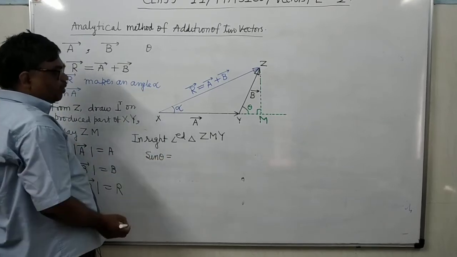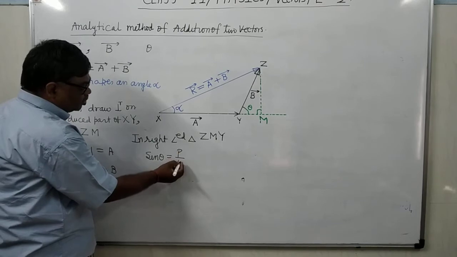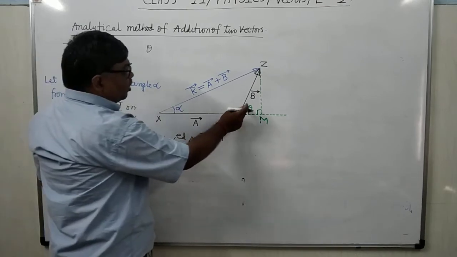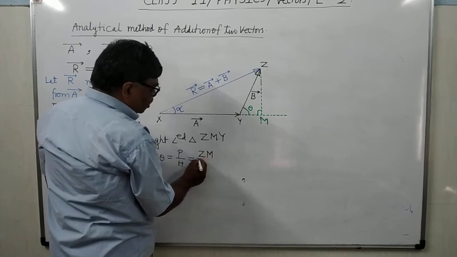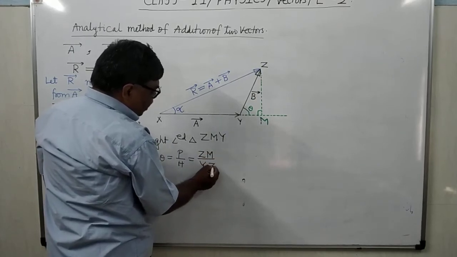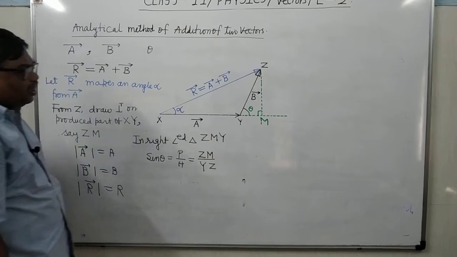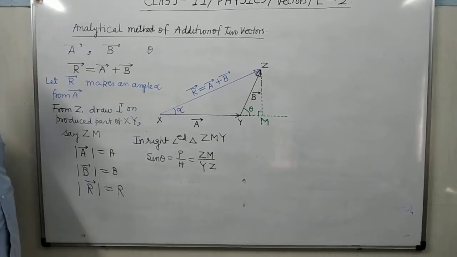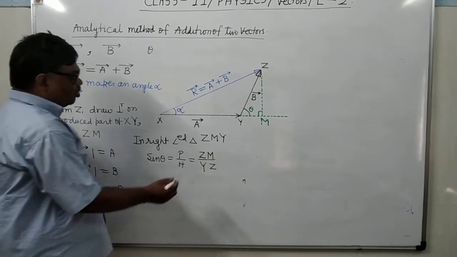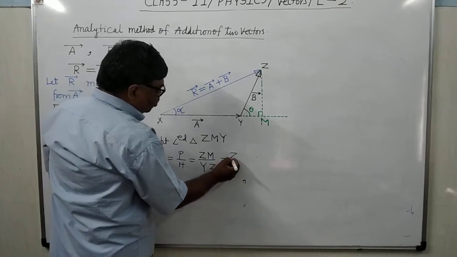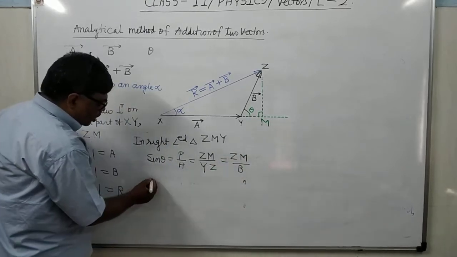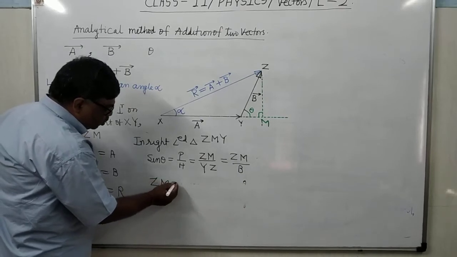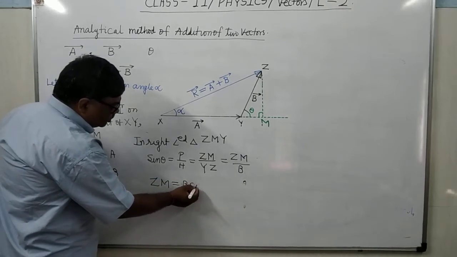Sine theta is perpendicular upon hypotenuse. The perpendicular is ZM and the hypotenuse is YZ, whose length is equal to B. So it will be equal to ZM upon B. So what you can write? ZM equals B sin theta.